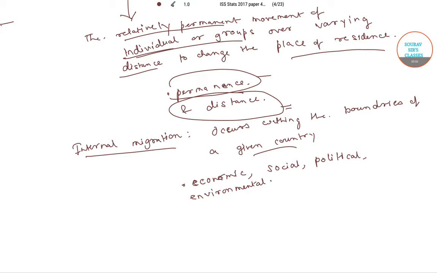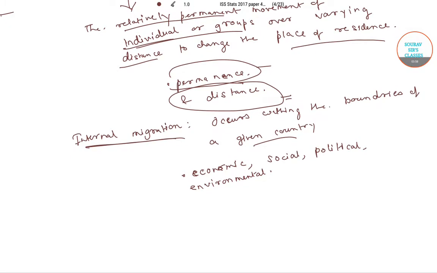For example, if there is some natural disaster such as flooding in one area, then the people living in that area can internally migrate to some other areas and settle down there. So, internal migration occurs within the boundaries of a given country, and the reasons can be economic, social, political, environmental, etc.